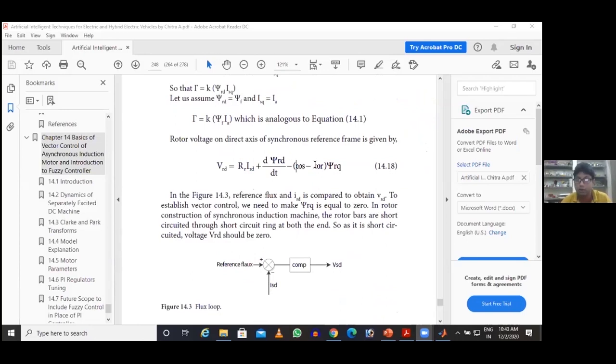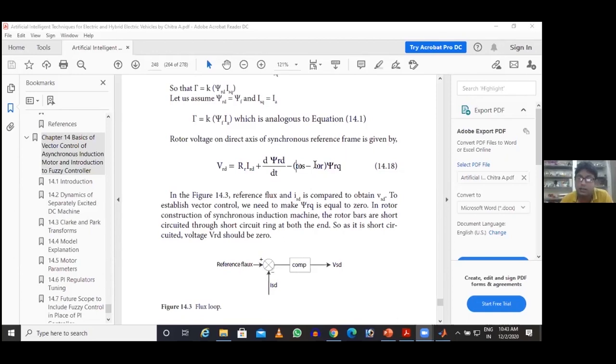To do so, first I am taking the torque equation. In a separately excited DC machine, the torque equation is basically the product of flux and armature current. But we obtained the torque equation in two phase, in two axes. Why two axes? Because three-axis control would be physically difficult. So that's why we are converting to two axes.